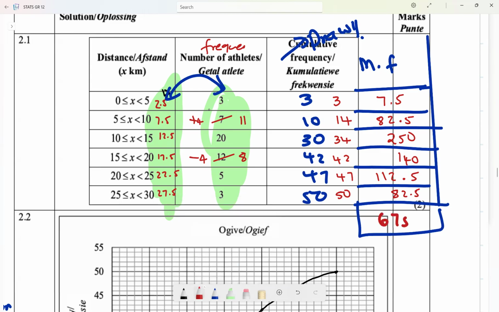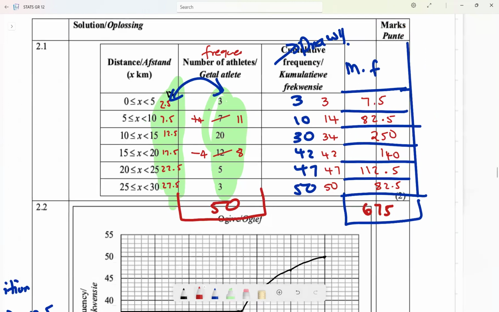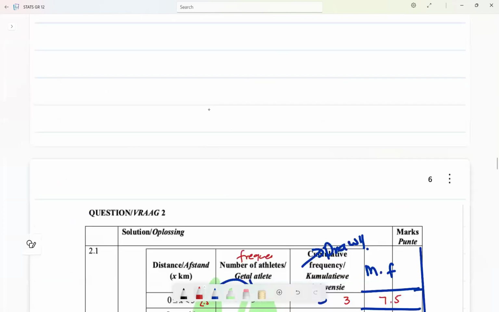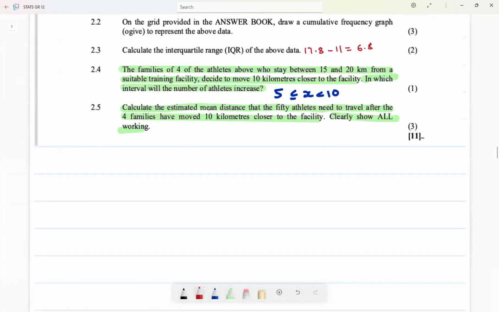I get a total of 675. And I know that the total frequency here is 50. So when I calculate my estimated mean, it is the sum of midpoint multiplied by frequency, divided by the total frequency.